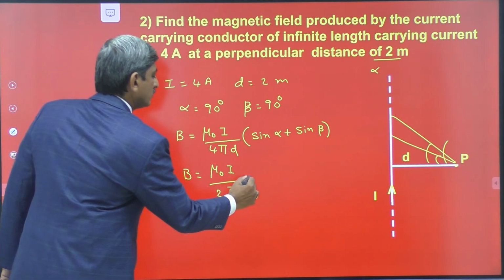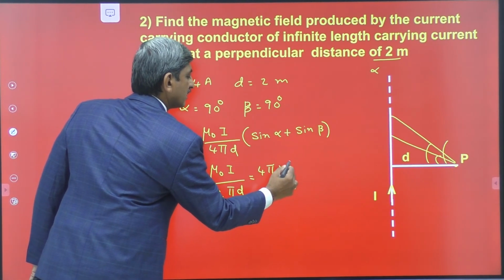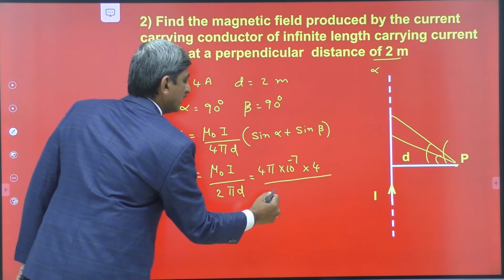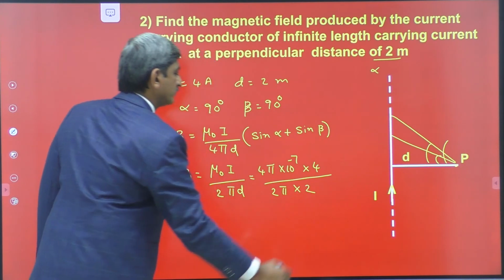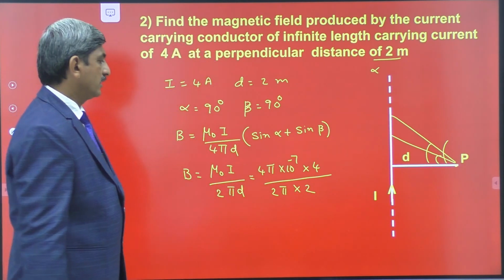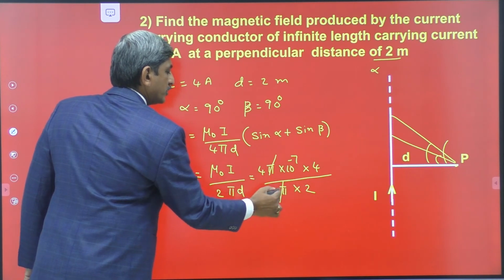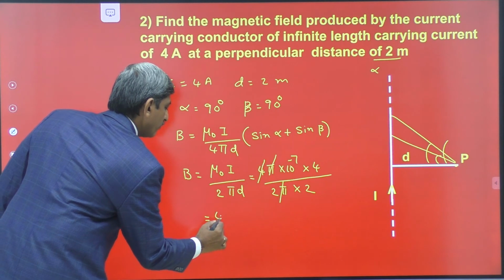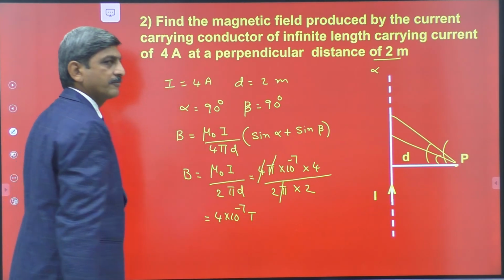This is equal to 4 pi into 10 to the power of minus 7 into 4 divided by 2 pi into 2. Okay, so this pi gets cancelled, 2 into 2 is 4, 4 also gets cancelled, and we have 4 into 10 to the power of minus 7 Tesla.